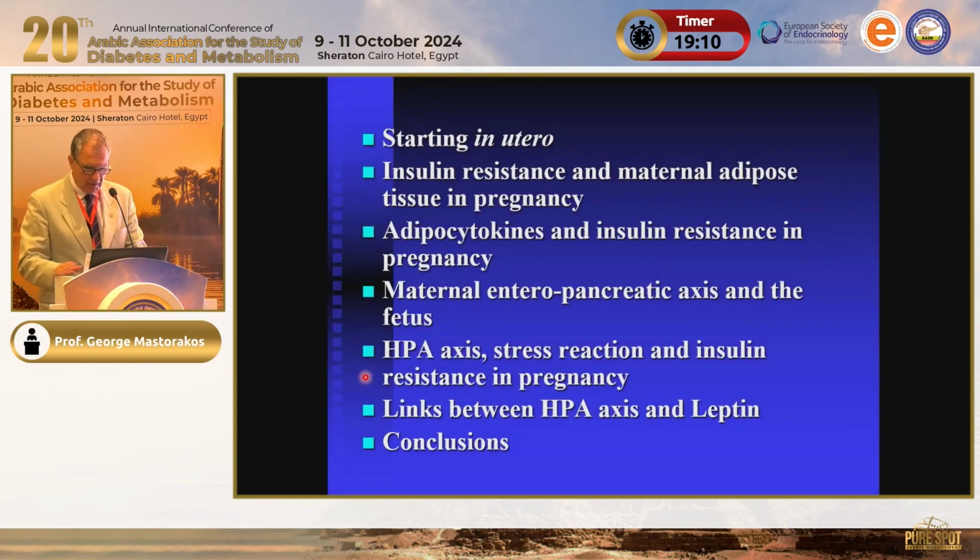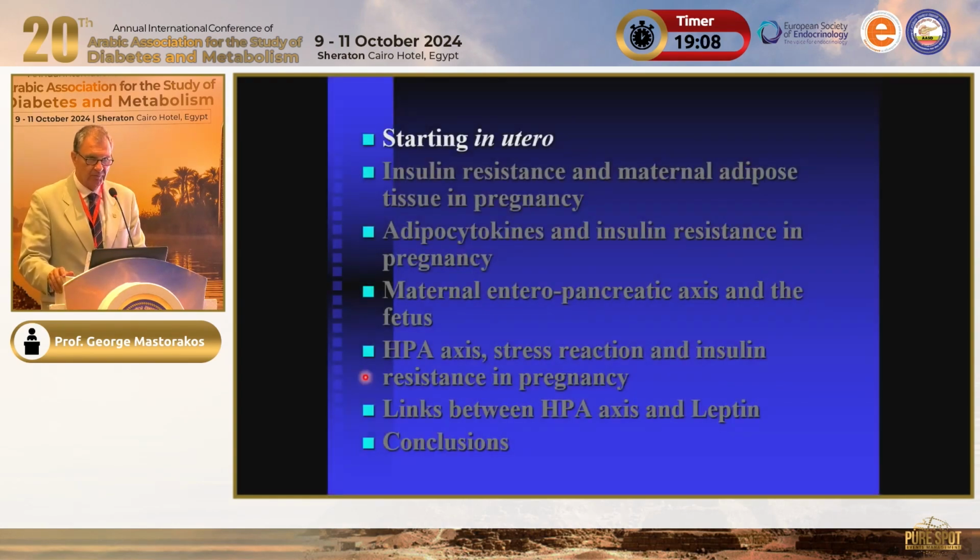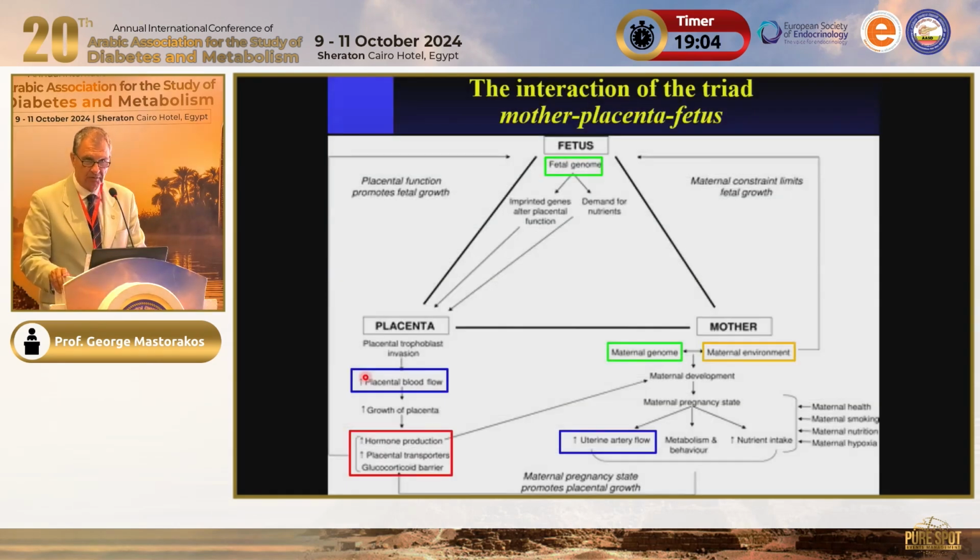So this is my outline, and I'm going to go through the subject starting in utero, starting in the uterus. So in this situation, which we call the fetal maternal placental unit, we have three players. We have the fetus, and of course, a major part of the reaction taking place during pregnancy is the fetal genome.